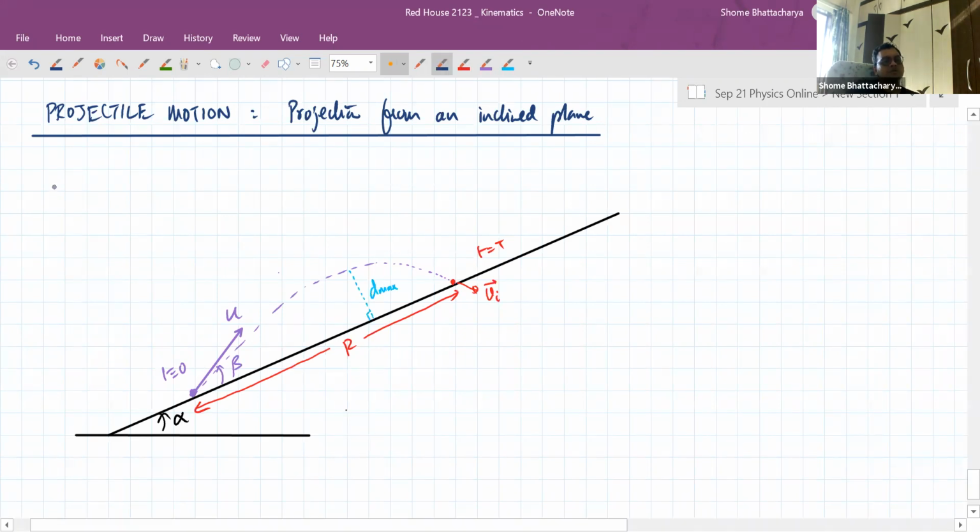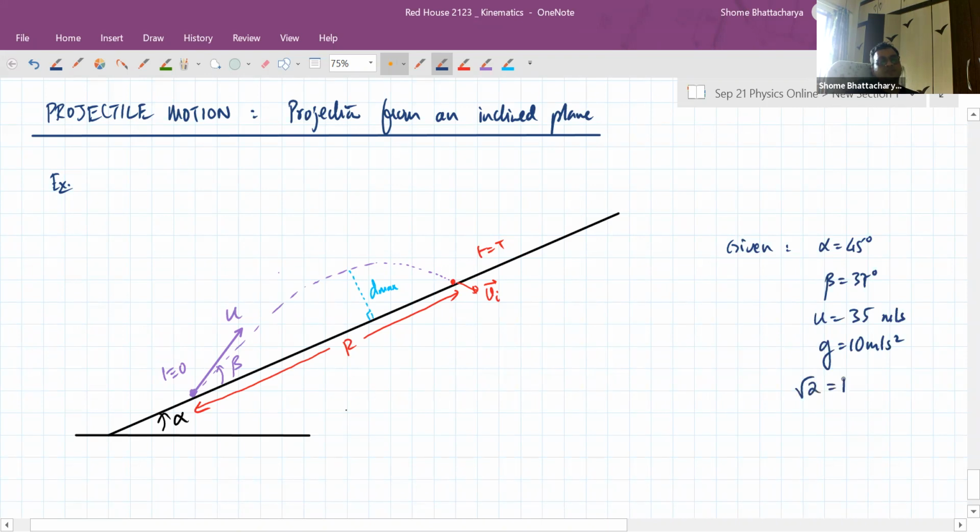So let's do this as a numerical example only to begin with. In this example, given that our alpha is 45 degrees, beta, the angle of projection, is 37 degrees, then u is, let us say, 35 meters per second, g is 10 meters per second square, and we have to take root 2 specifically as 1.4.